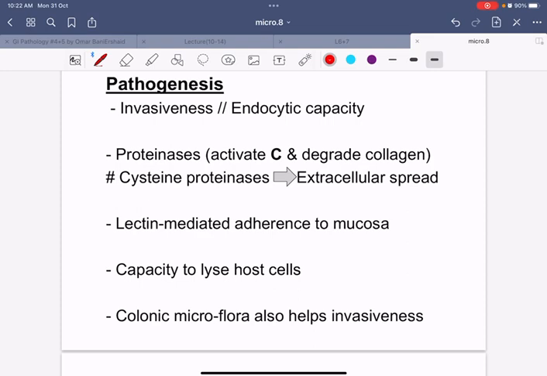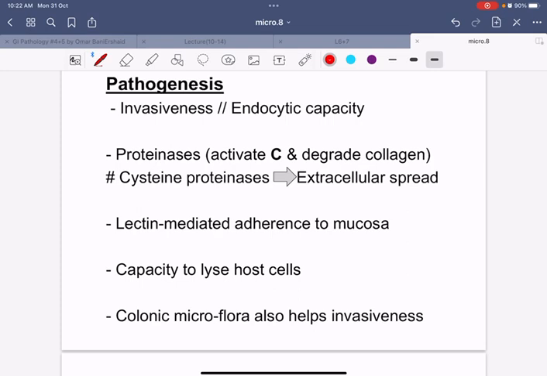They have lectin-mediated adherence. So by the lectin, they can adhere to the mucosa of the intestine. And I said previously, the organism should adhere in order to cause the pathology. Capacity to lyse host cells. You see they have invasiveness and proteinases and many activities which can cause host cell lysis.